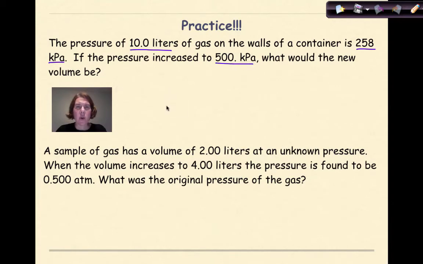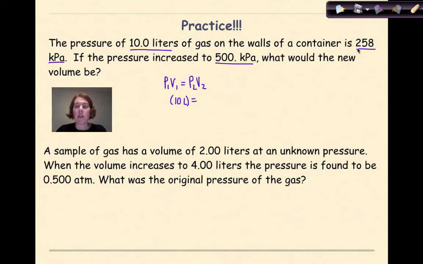So again, the first thing that you always want to do is write out your equation. P1 V1 is equal to P2 V2. So the first thing that they give me is 10 liters. So that's going to be my V1. So 10 liters of my gas.